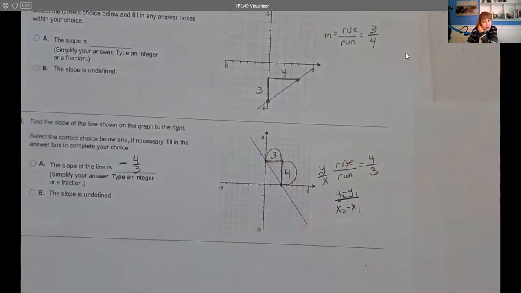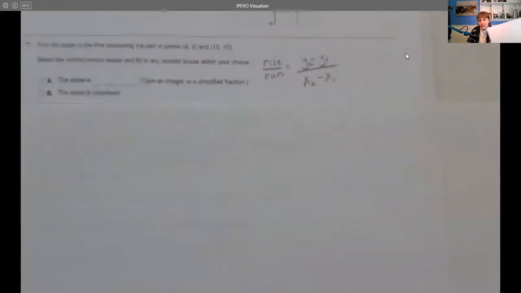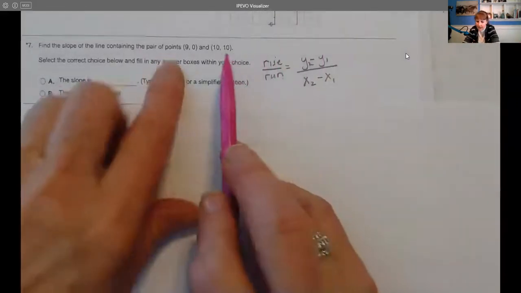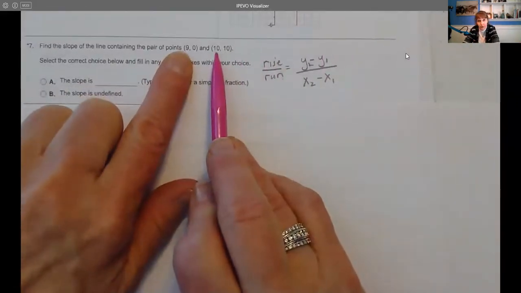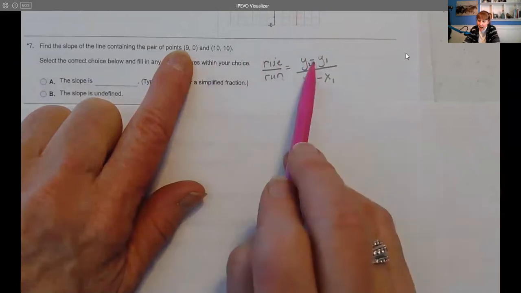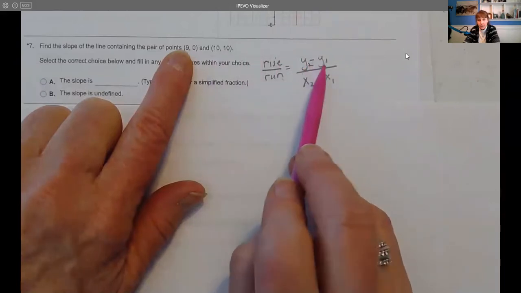I've had students really struggle with this. Some of the things that I've seen is they flip the x's and the y's. And I think the reason they flip the x's and the y's is because the x's come first in the ordered pair, so they want to subtract them first. But we need the rise, which comes from the y coordinates.